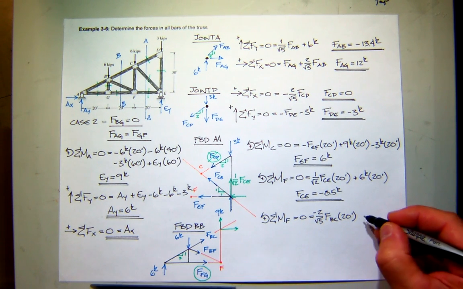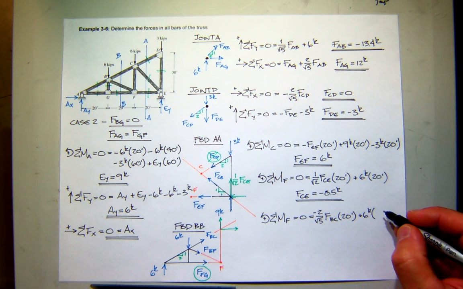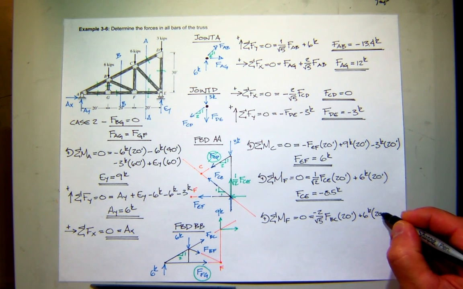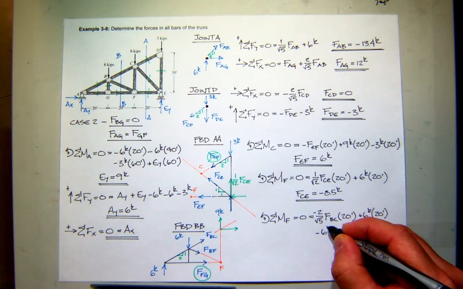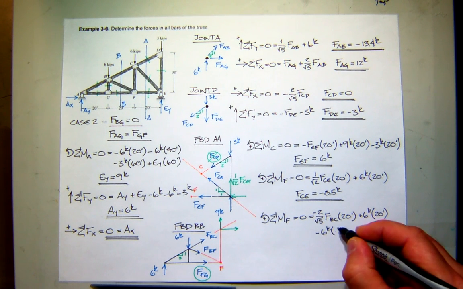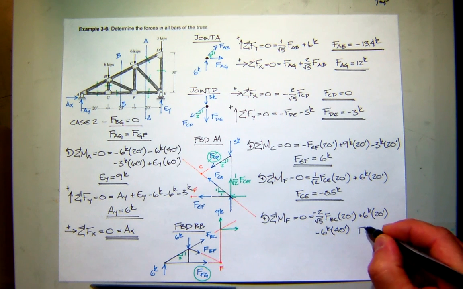The 6 kip force creates positive moment and a moment arm of 20. And then this 6 kip creates negative moment with the moment arm of 40. So from that, you should be able to find BC.